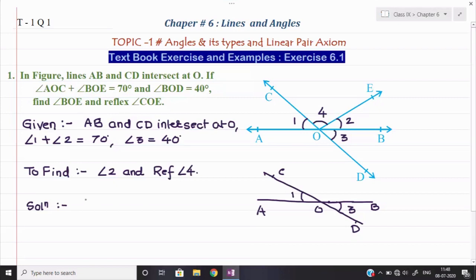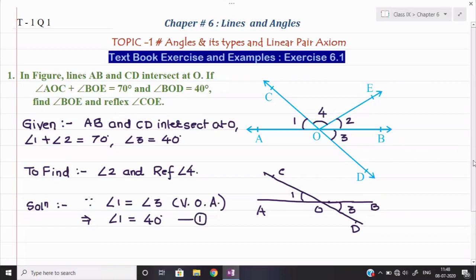So here we can say that angle 1 is equal to angle 3, and we will give the reason: vertically opposite angles. Okay, now angle 1 and angle 3 are equal, and the value of angle 3 we have given in the question. How much? Value of angle 3 is given in the question as 40 degree. We can say it is our equation number 1.